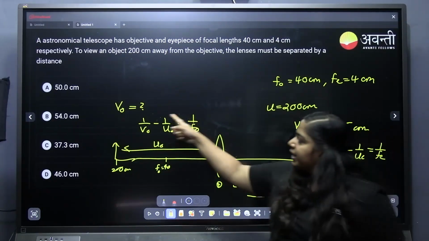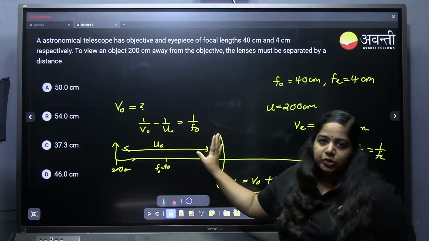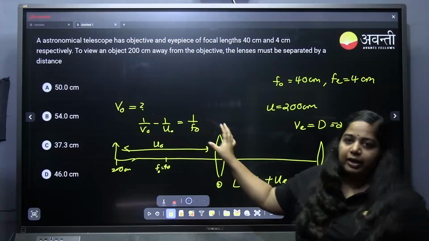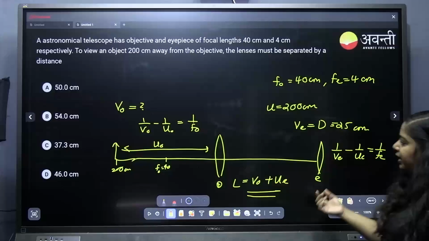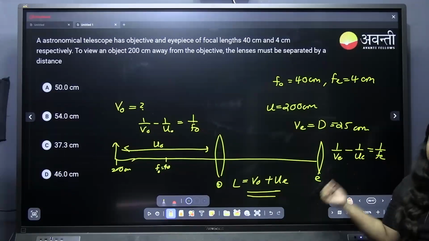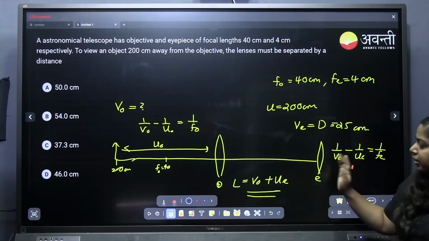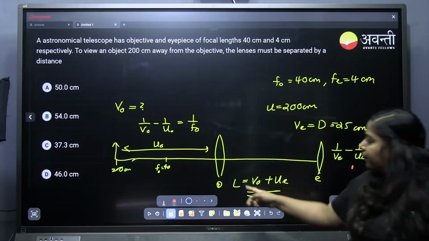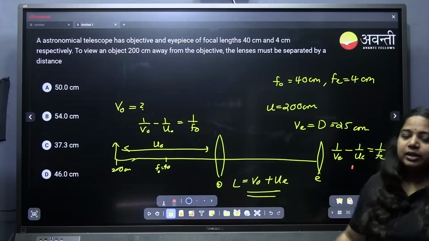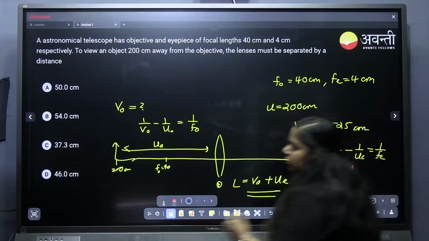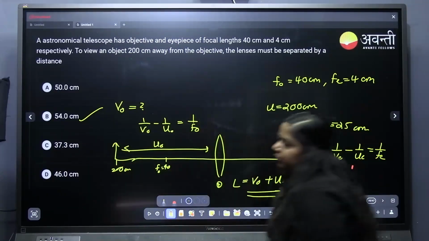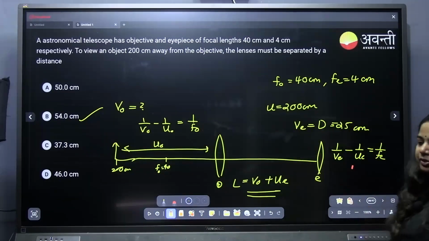Okay, this is how we find it. First we will find the image distance due to the objective. Then we will find the object distance for the eyepiece. Both combined we will get the length of the tube, and when you solve it you will get the answer 54 centimeter. I am not substituting all values.